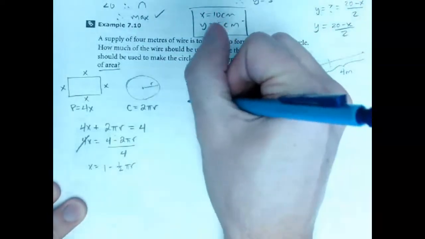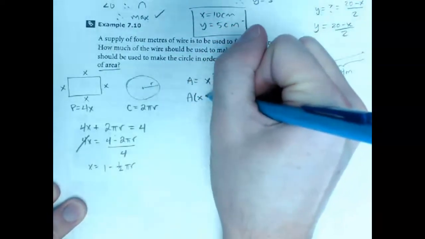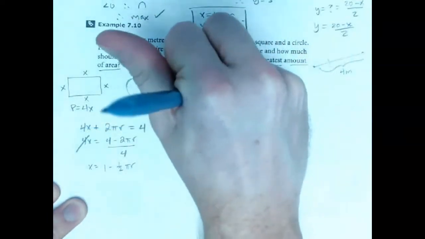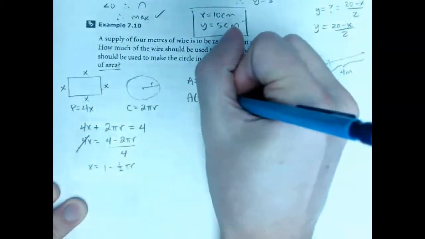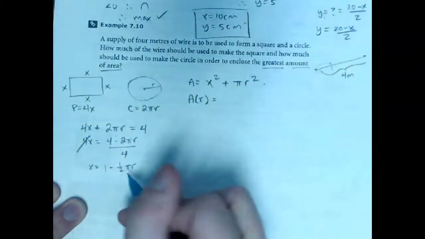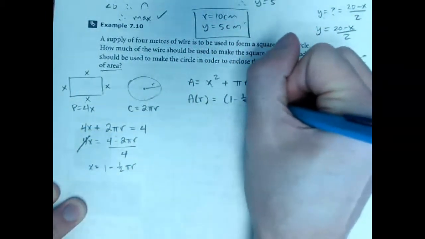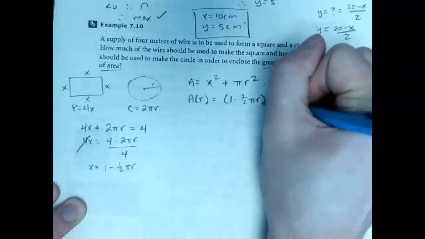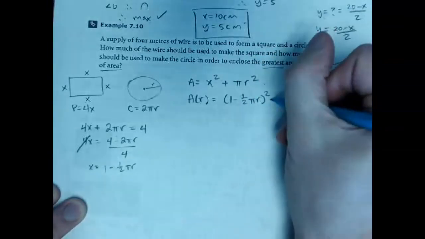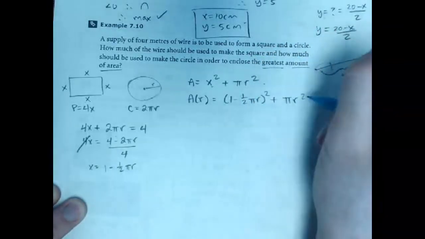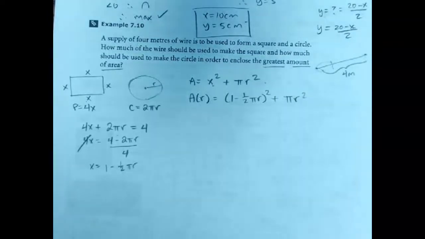So my area, now defined only by the variable r, instead of x, I'm going to have (1 minus 1/2 pi r) squared plus pi r squared. So now I've got that area equation based only on the variable r.